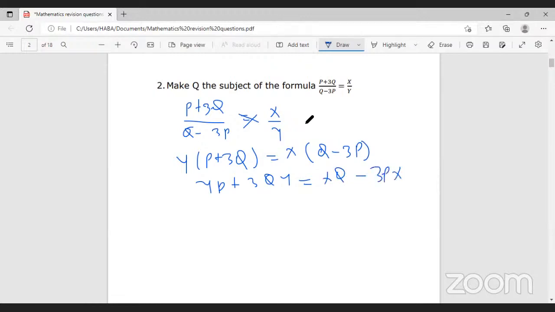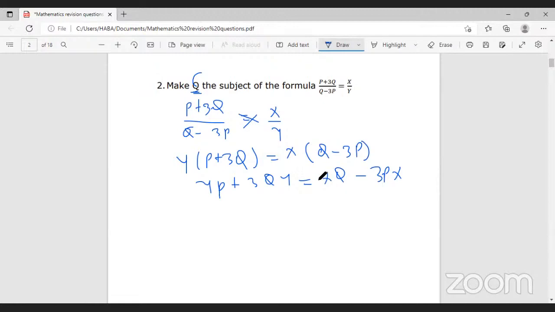Okay, so remember, our interest is to make Q the subject of the formula. So what are we going to do? Any idea?